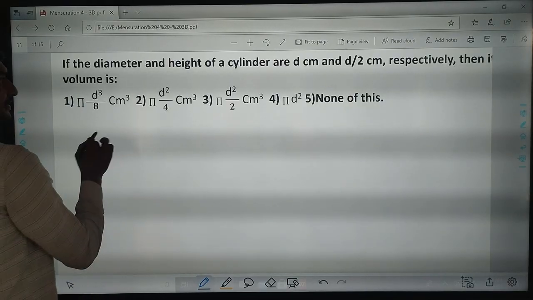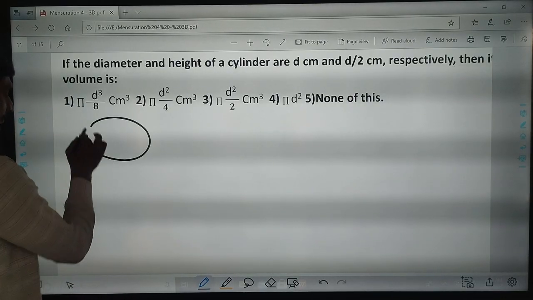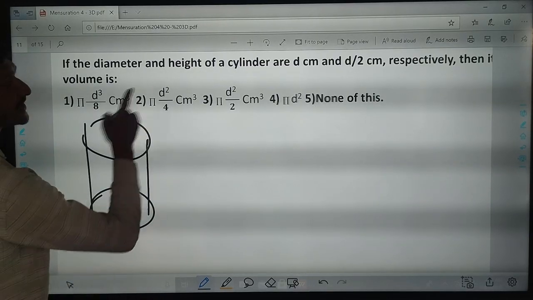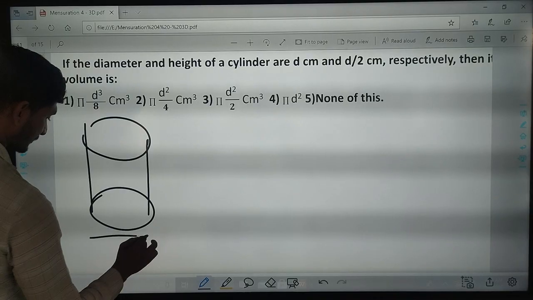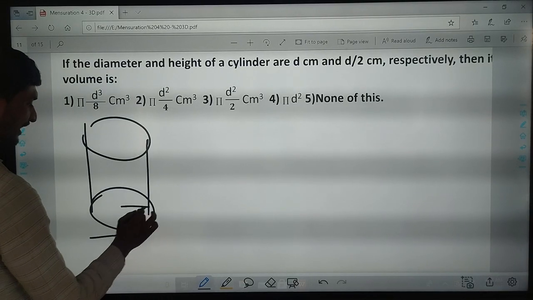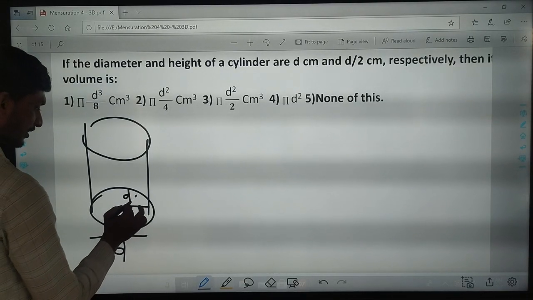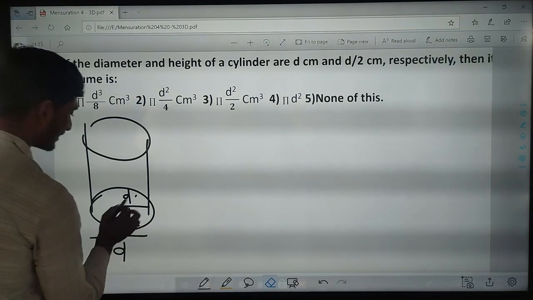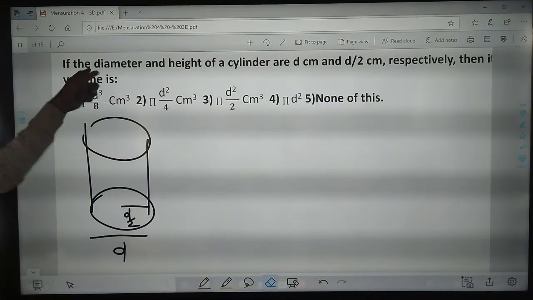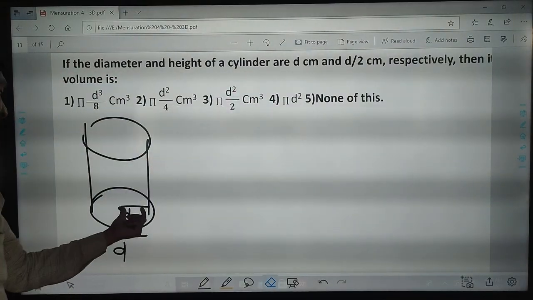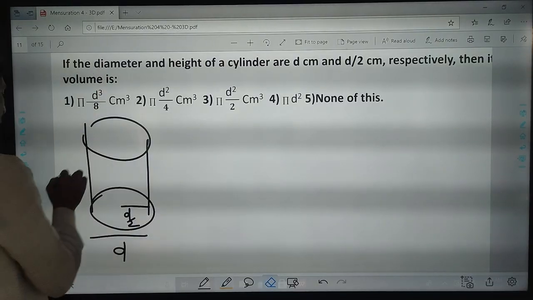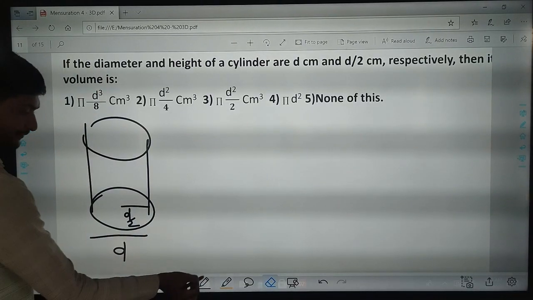Here the diameter of the cylinder is d, then your radius is d by 2, and your height is d by 2.